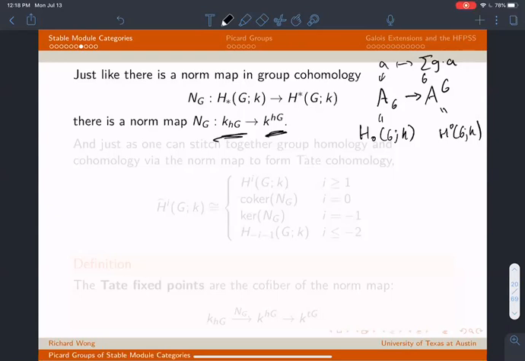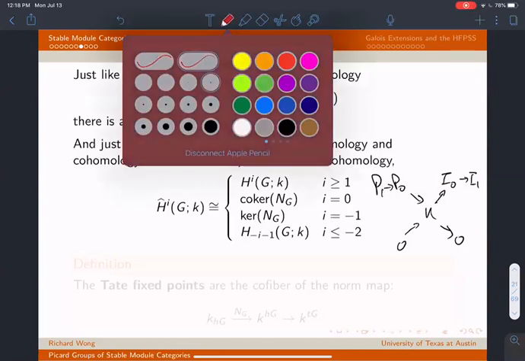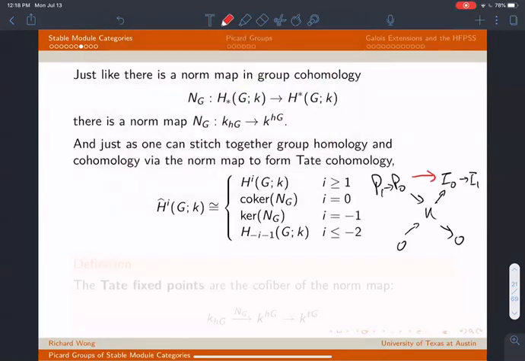And just as you can stitch together group homology and group cohomology via the norm map to form Tate cohomology, to compute, you would take a projective resolution, mapping down to your thing K. And you can also compute using an injective resolution. And you can stitch these things together with the norm map.